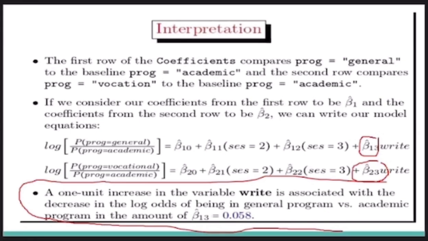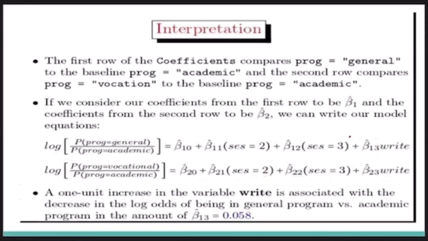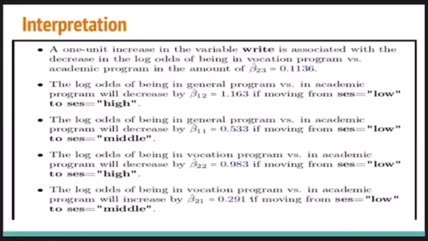Now, how do we interpret? You know how to interpret a quantitative explanatory variable. How do we interpret the categorical? Because don't forget, this is socioeconomic class, categorical. Now I need you to pay attention. I think I just explained that for vocation the other time, the beta 2-3.